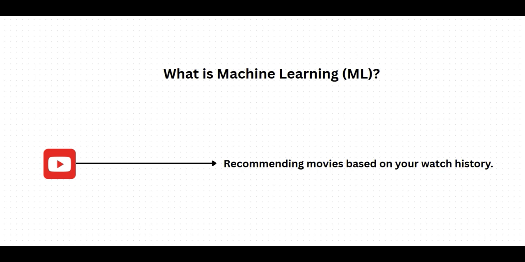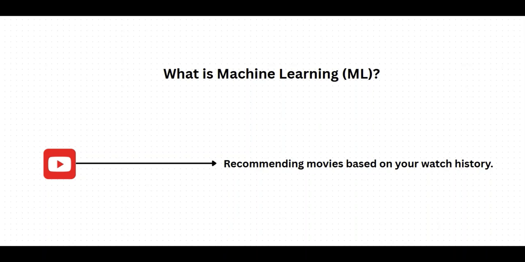Now let's talk about a very common area of confusion for many beginners: the difference between machine learning and generative AI. Both are part of the broader artificial intelligence field, but they have different purposes and use cases. Let's focus on what machine learning is. Machine learning is a subset of AI that focuses on learning patterns from existing data and making decisions based on that data.